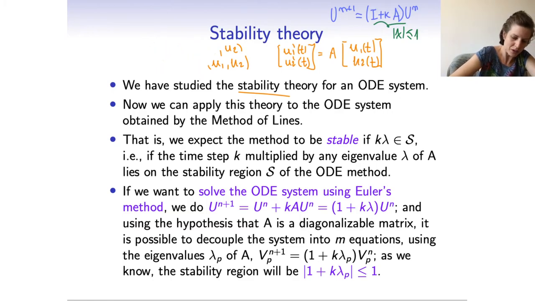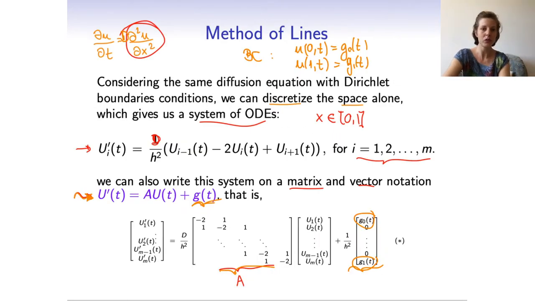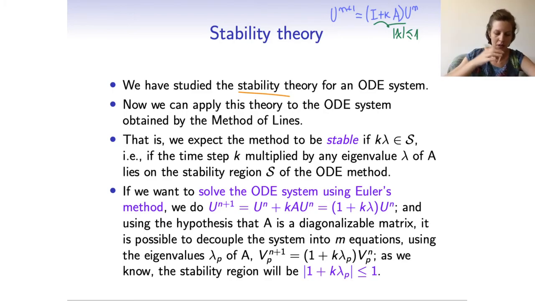And now we are going to apply this same approach to this system here that we got through the method of lines. Okay, so we expect the method to be stable if k lambda is inside of the stability region.